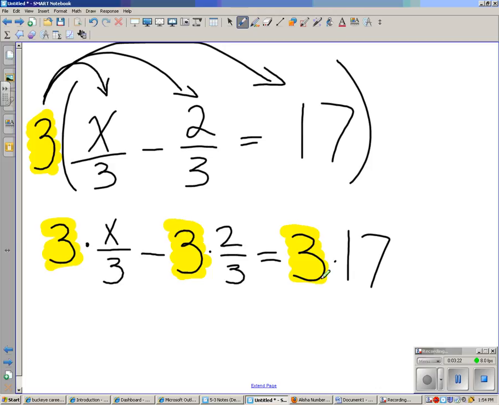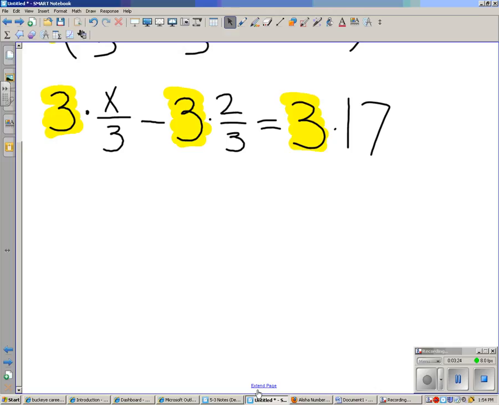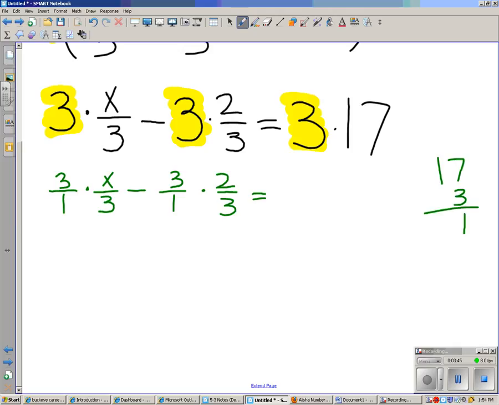Now, when you multiply fractions, here's how you want to set it up. And I'm going to put this in green so you can see. I'm going to put this 3 over 1 times x over 3 minus 3 over 1 times 2 over 3 equals 3 times 17. Does anybody know what 3 times 17 is? 51.